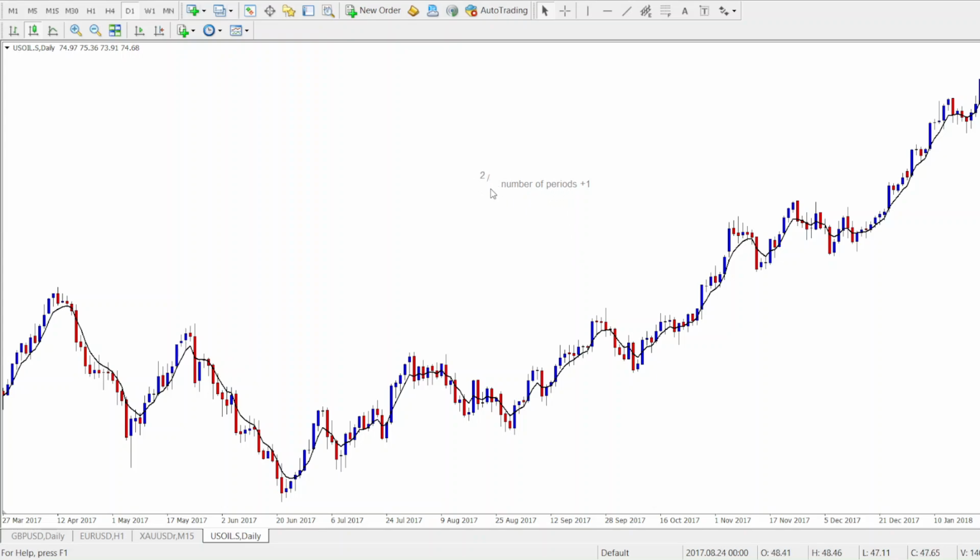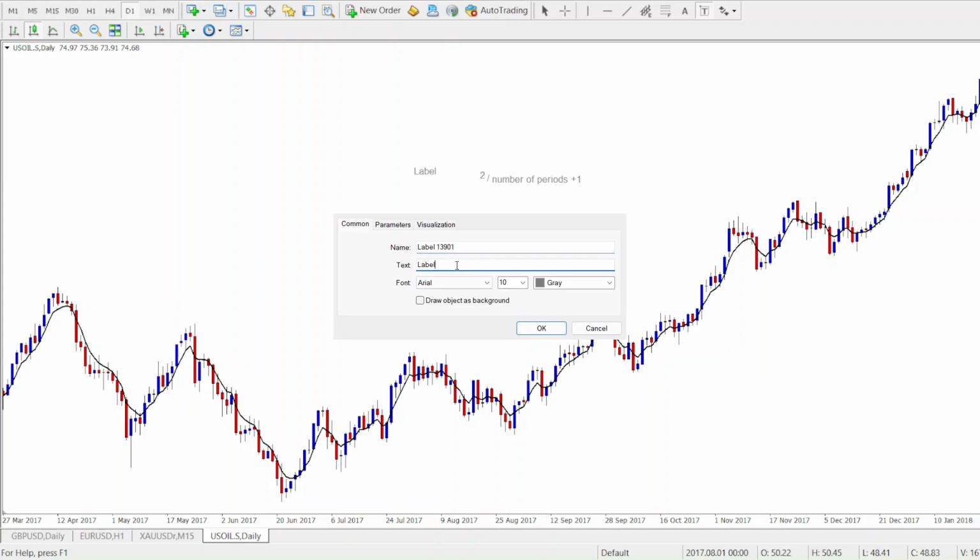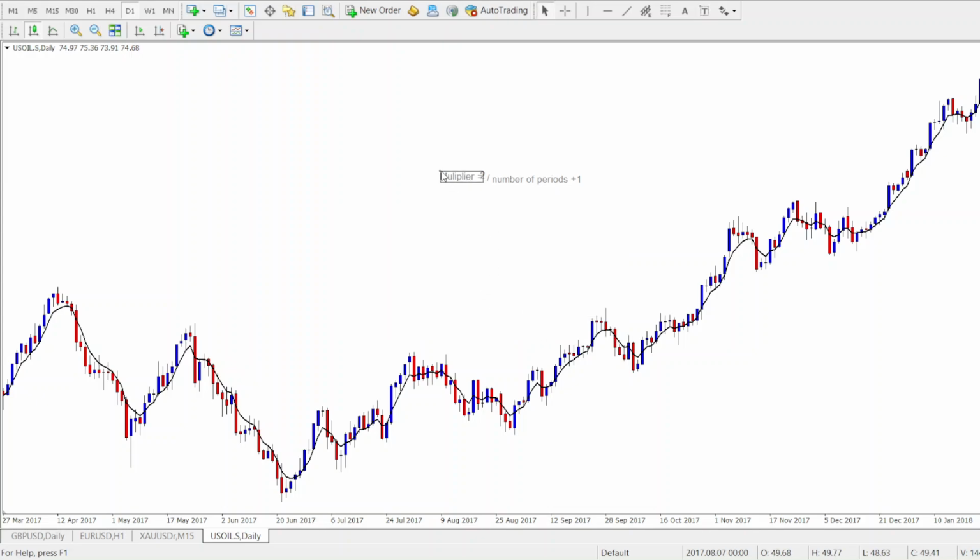This is the formula. So the multiplier is equal to 2 divided by number of periods plus 1.